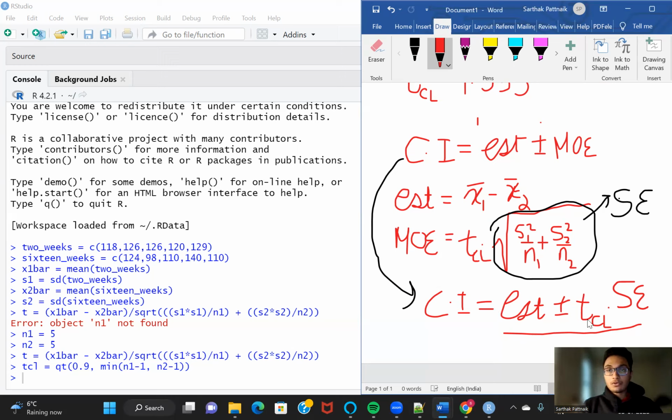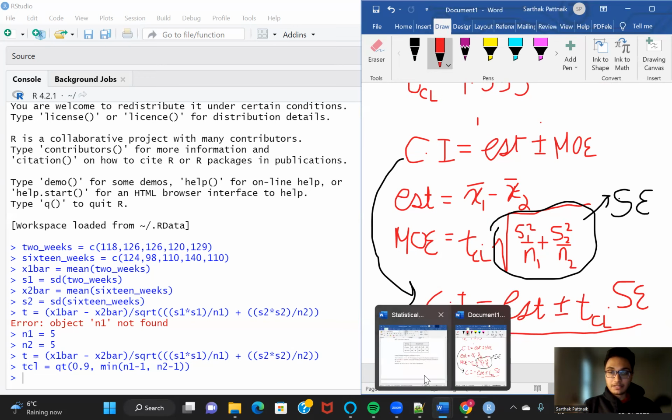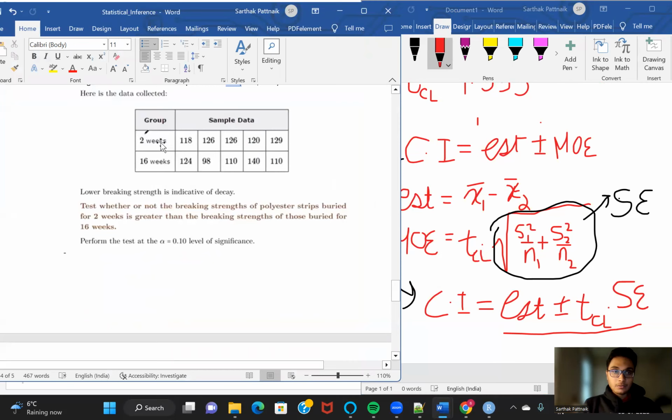So now let's go back to the problem at hand, the problem that we discussed previously. We had two samples of polyester strips, one buried for 2 weeks, the other buried for 16 weeks. We calculated all the necessary values. We did the 5-step procedure of hypothesis testing, and we surmised the results at the end.